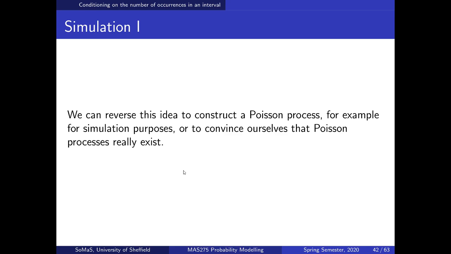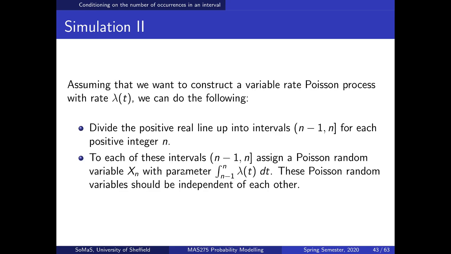So here's how you can simulate a Poisson process if you like, with variable parameter. First, split your whole real line. Let's say we want the Poisson process going for all times up to infinity. Split it into intervals n minus 1, n for each n. So intervals of length 1: 0, 1, 1, 2, 2, 3, 3, 4, and so on.